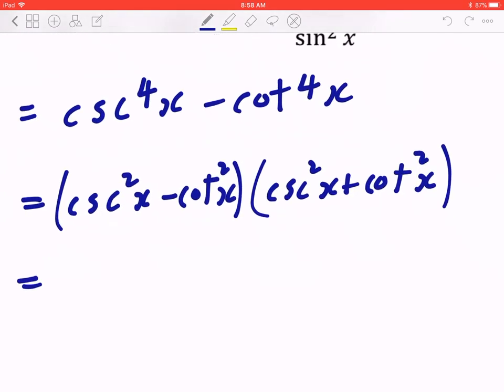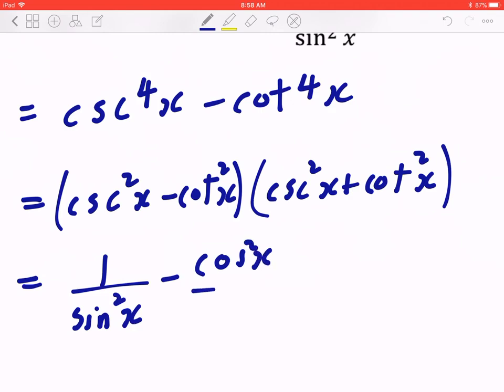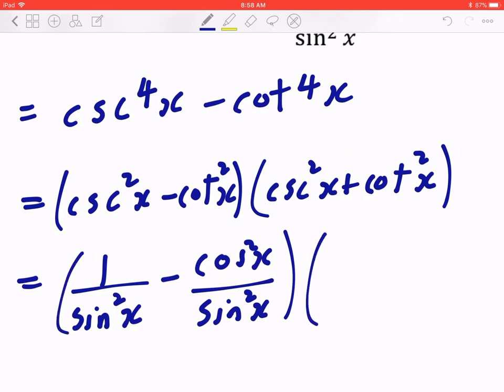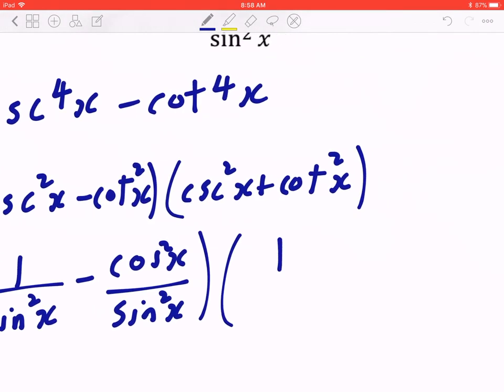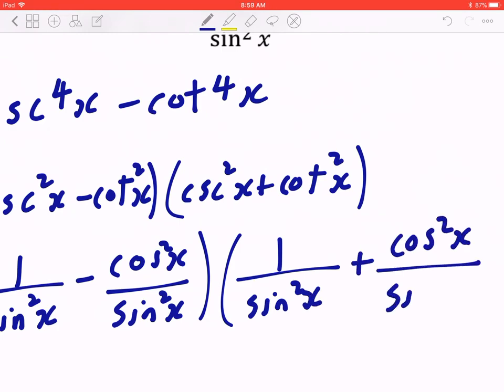So cosecant x squared becomes 1 over sine x squared. Cotangent x squared is going to be cosine x squared divided by sine x squared. And if you look at the second fraction, same idea: 1 divided by sine squared x plus cosine squared x divided by sine squared x.